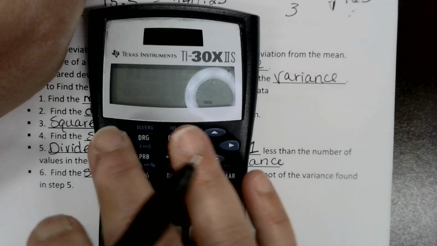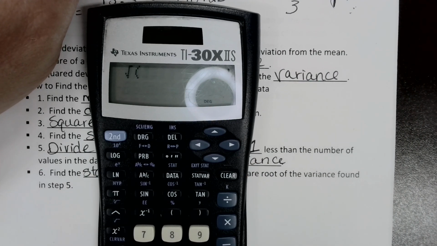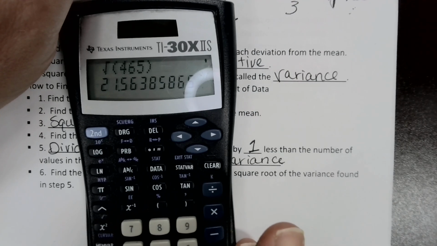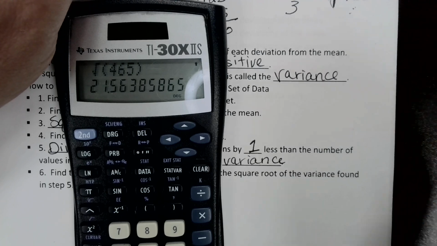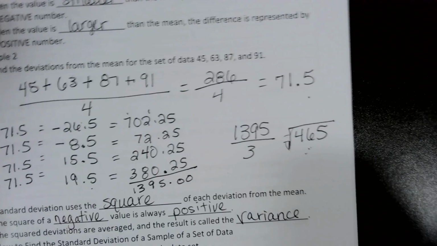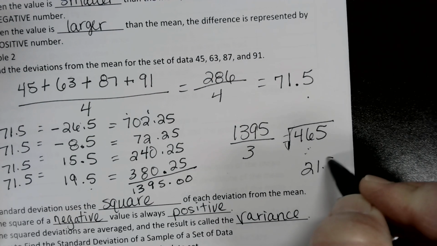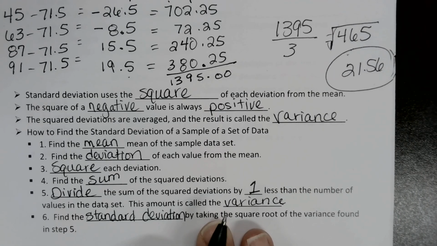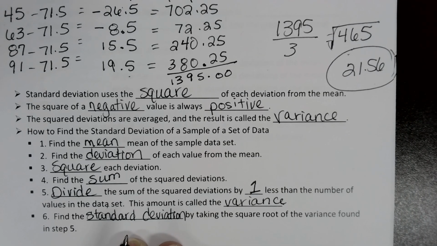That is second x squared. 465. Close that parenthesis if you want to or not. And you get 21.56. So 21.56. That's our answer for this standard deviation.